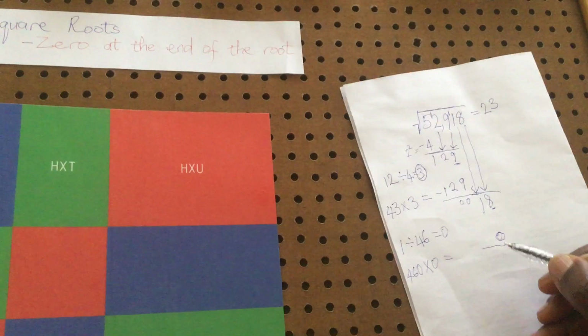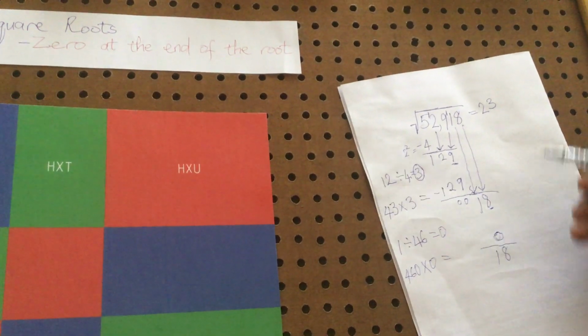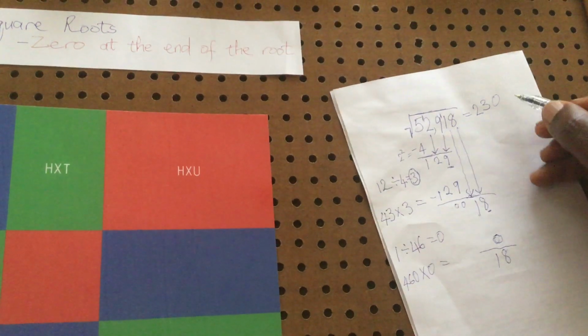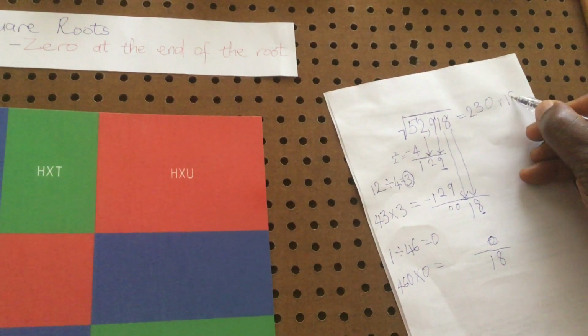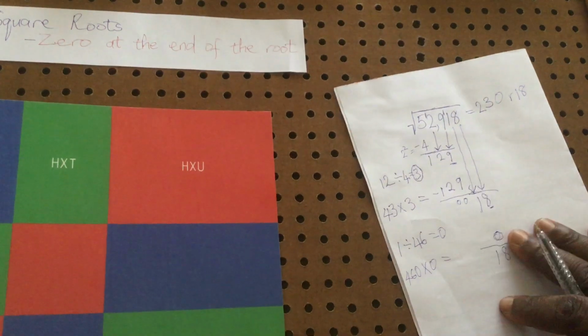So 18 minus 0 is 18. So our square root is 230, remainder 18. So this is how we do it on paper.